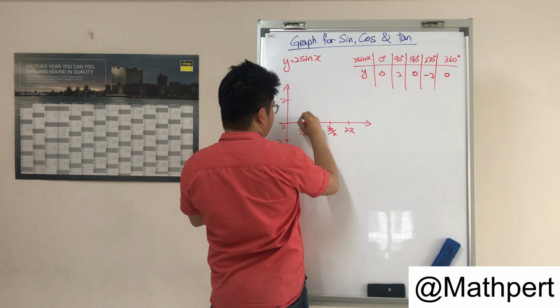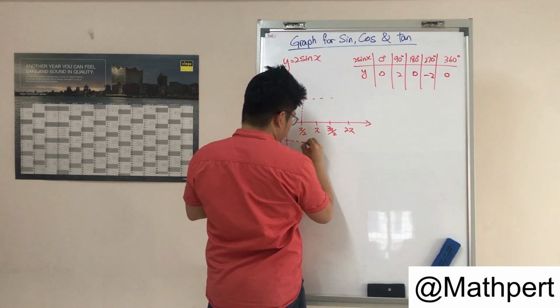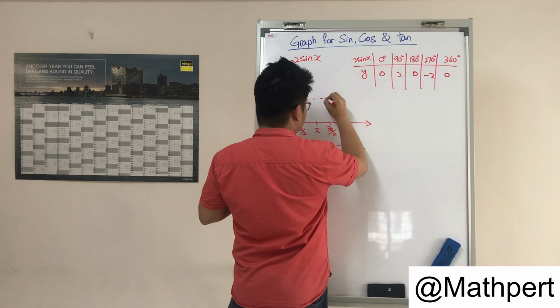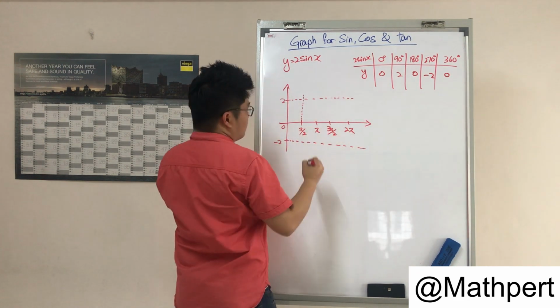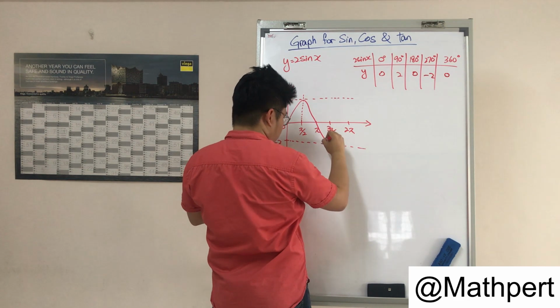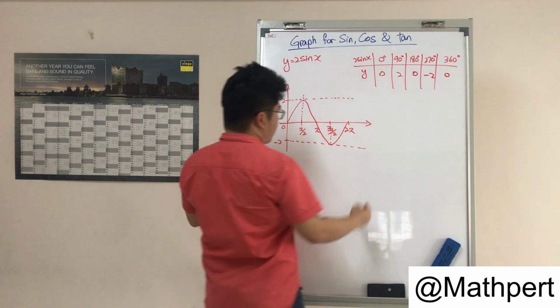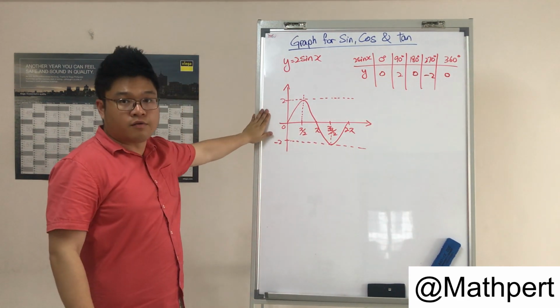So here we get 90 degrees. And this is the graph.